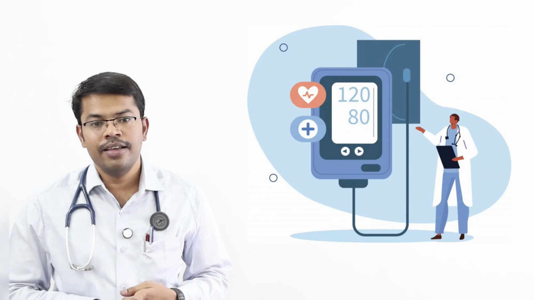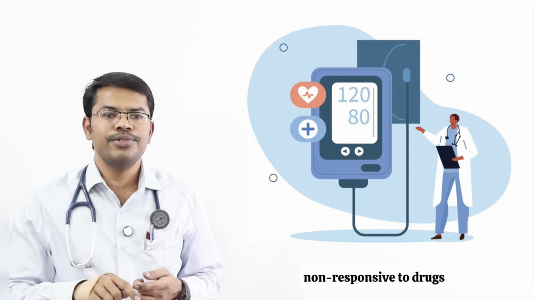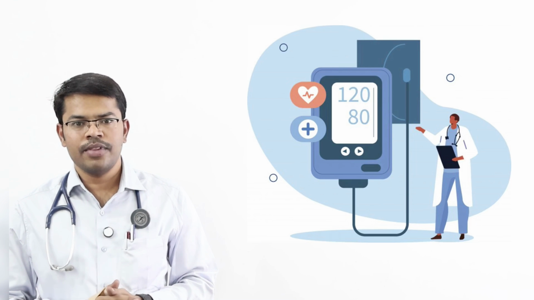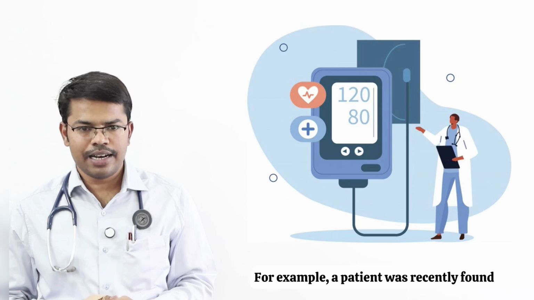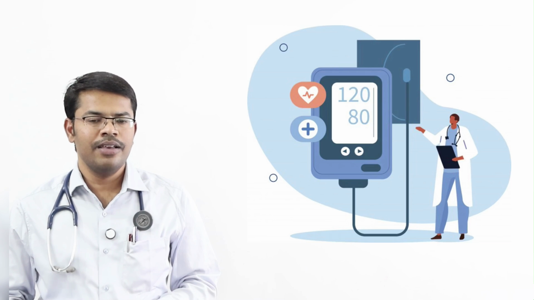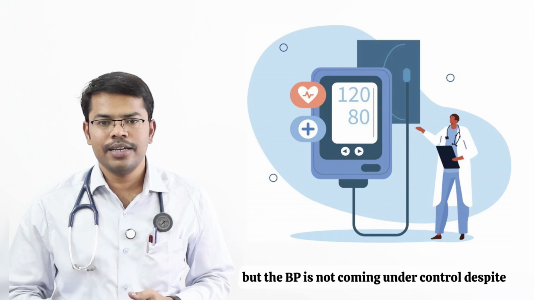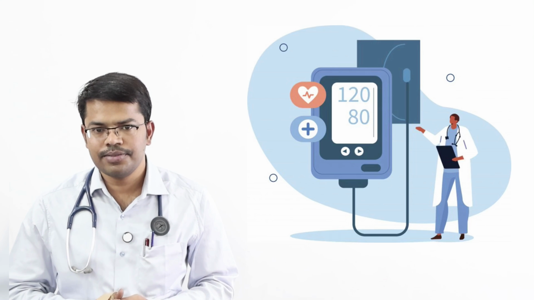Fourth, non-responsive to drugs, or the patient needs more than 2 or 3 drugs for BP control. For example, a patient was recently found to have high blood pressure. Antihypertensive medications were started, but the BP is not coming under control despite giving 3 drugs.